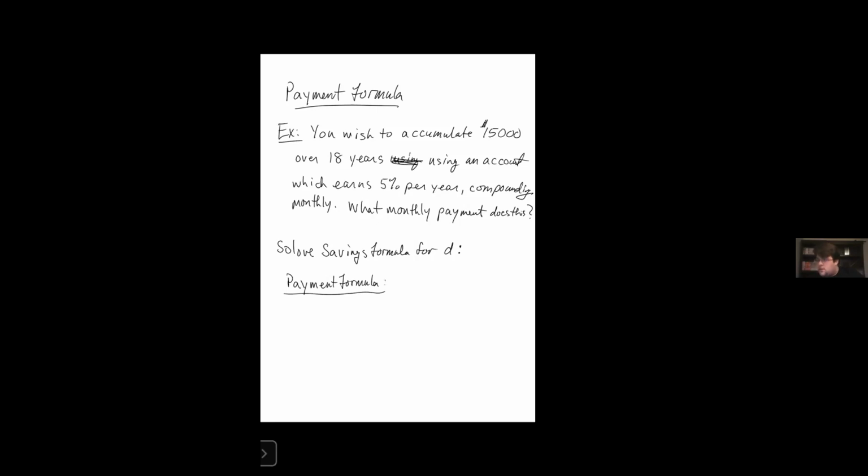Payment formula, D equals A times, in the numerator, R over M, and in the denominator, 1 plus R over M, MT minus 1. So notice, if you flip that numerator around and switch A and D, you do have the savings formula.